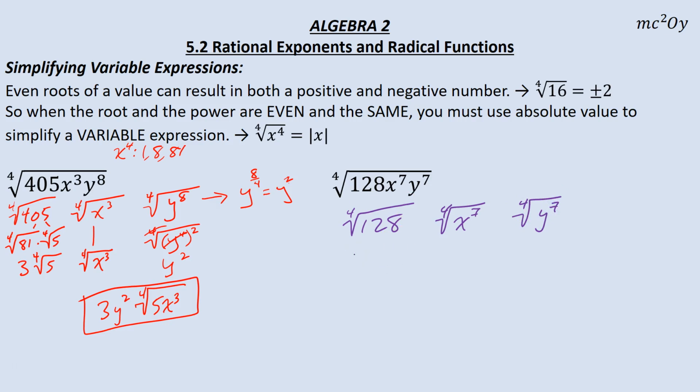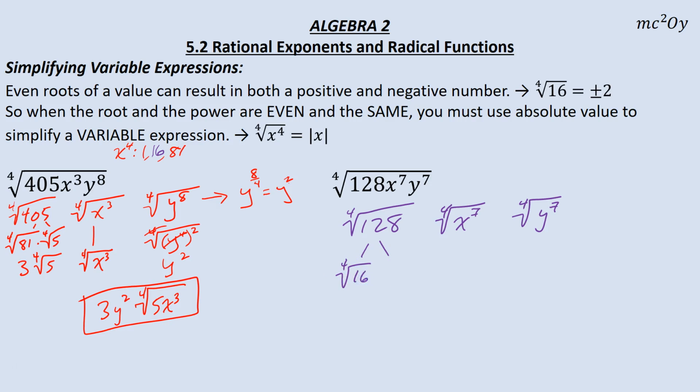Once again, looking at our 4th roots in terms of 128, we've got 2 times, you know what, this isn't 8. I just realized that. It's actually 16. So 16 goes into this. 4th root of 16.